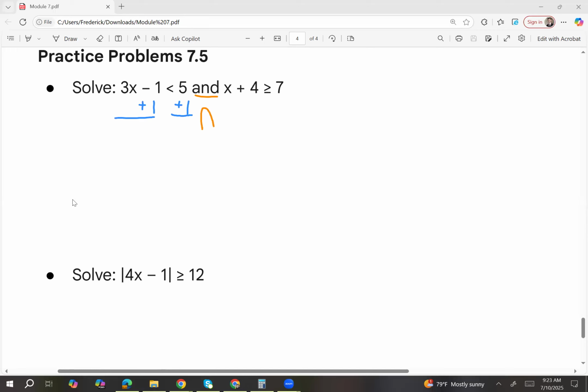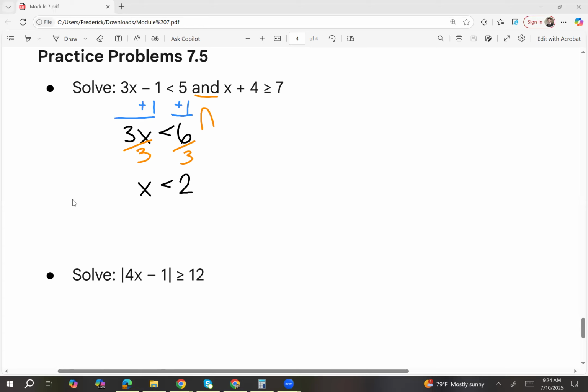That will leave us with 3x on the left, less than 5 plus 1, which is 6. Then we need to divide by 3 on each side, leaving us with x less than 6 divided by 3, that's 2. So that's one part of the solution to consider.